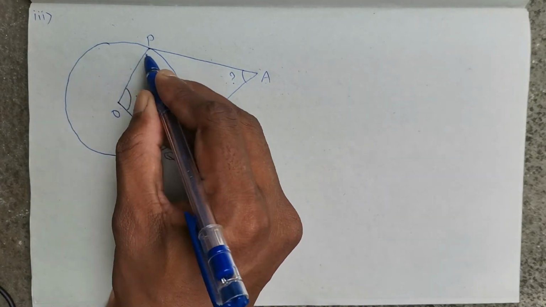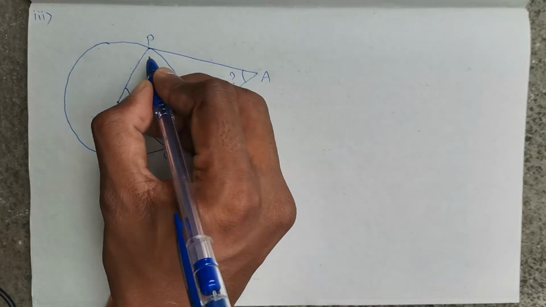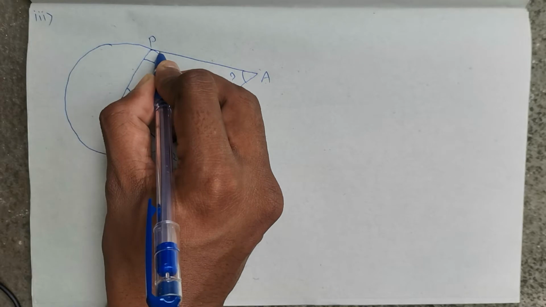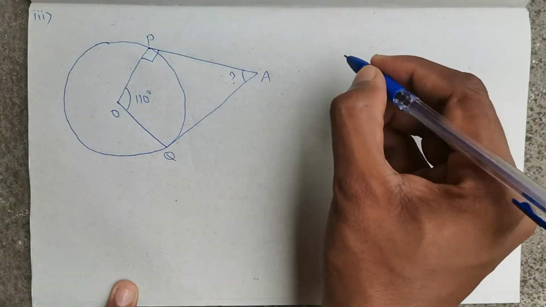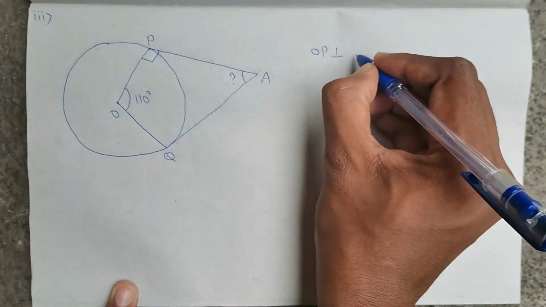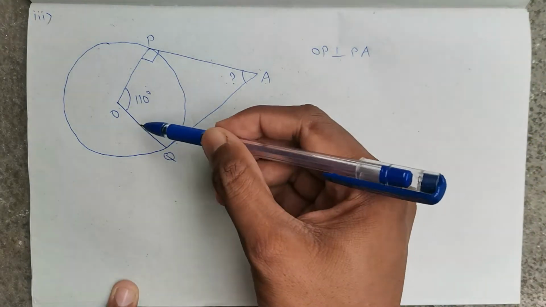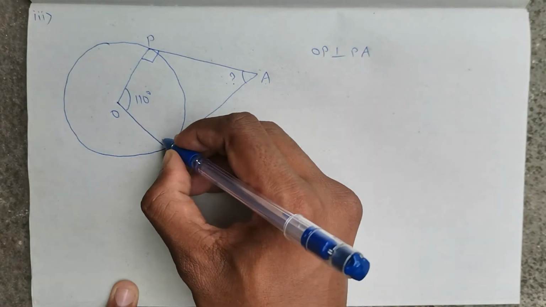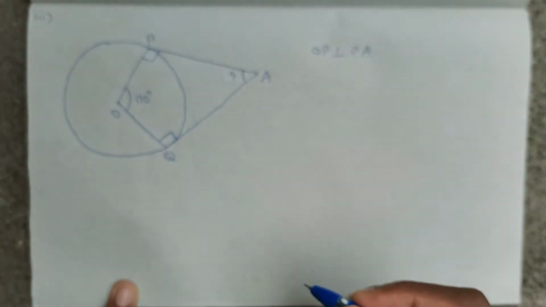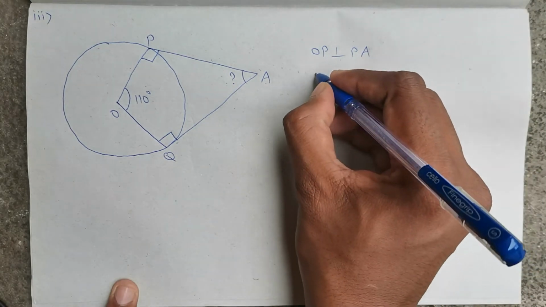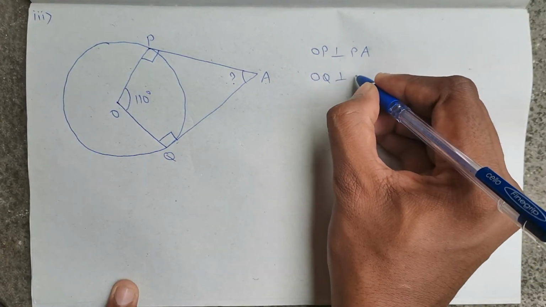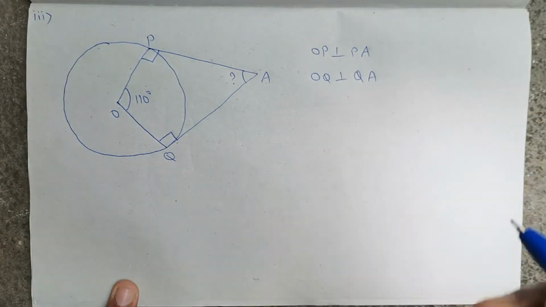Where these two touch each other, that point will make 90 degrees. OP is perpendicular to PA because the radius contacts the tangent at 90 degrees. In the same way, OQ and AQ, radius and tangent, contact at 90 degrees. So OQ is perpendicular to QA.